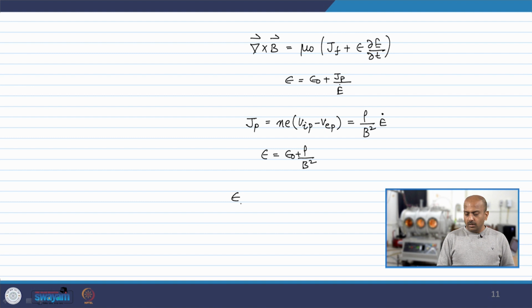If we talk about the permittivity, epsilon r, we know that epsilon r is the ratio of the permittivity to the permittivity of free space.